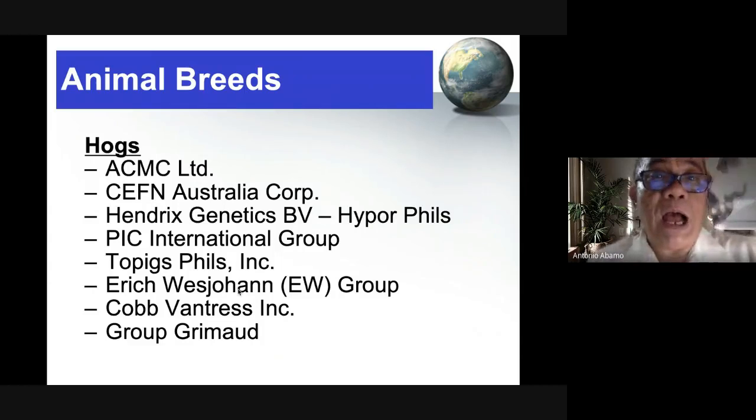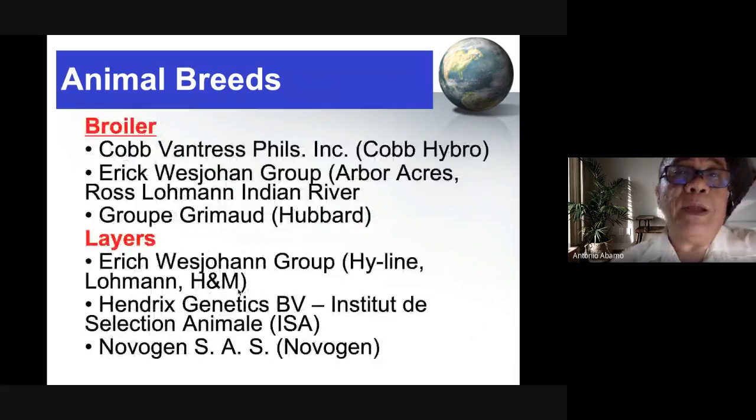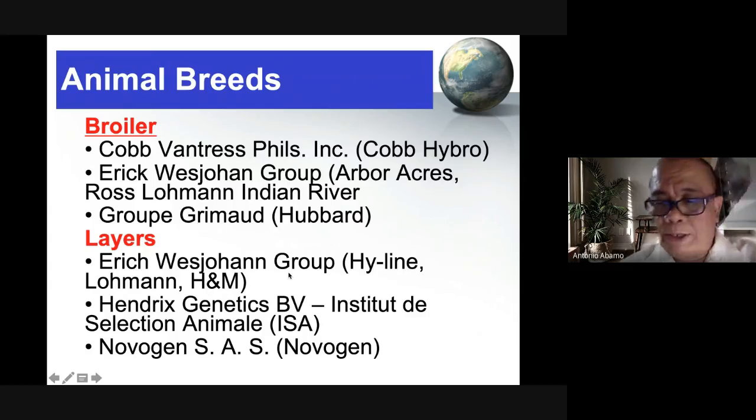As far as hogs is concerned, we also have animal breeds for broiler. Again, these are all imported. In other words, we import these broiler breeding stocks, and also for layer, also imported. So we import a lot of this breeding stock and do the breeding ourselves here and produce, for example, the parent stock for our animal industry.